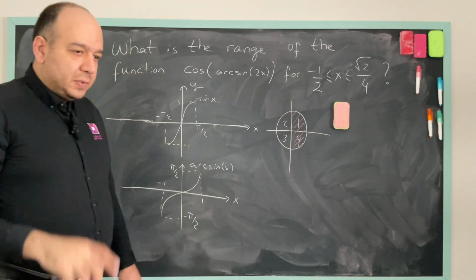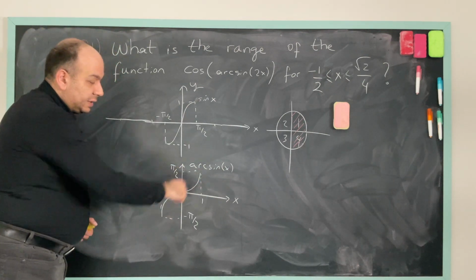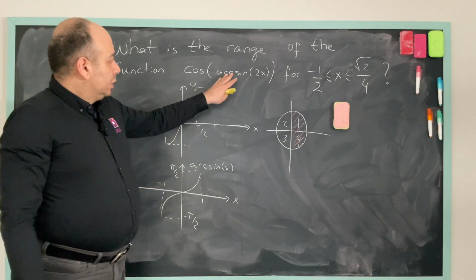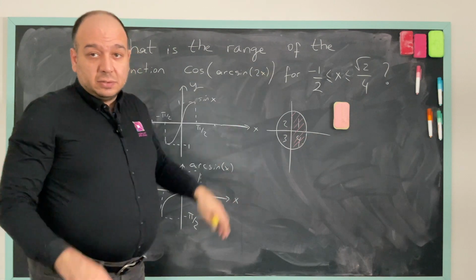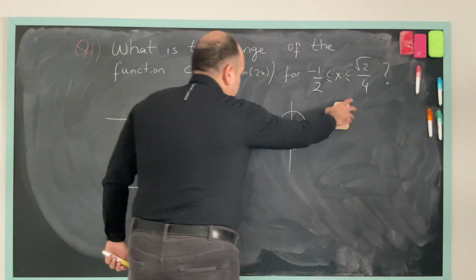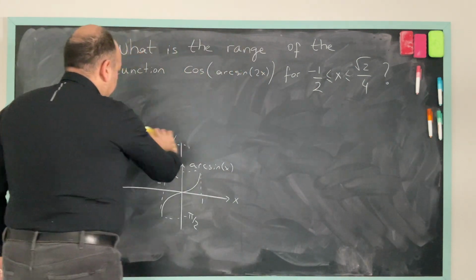So one thing that we should notice here is that arcsine x is also an increasing function of its argument. This is what we see here. So obviously arcsine 2x is also an increasing function of x. Okay, so now we are clear with these.